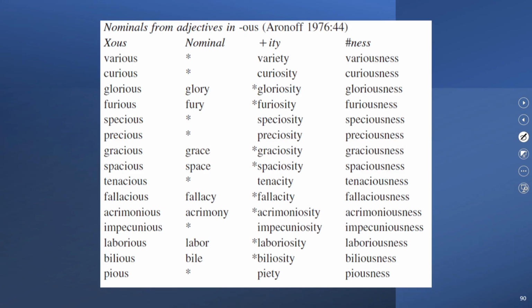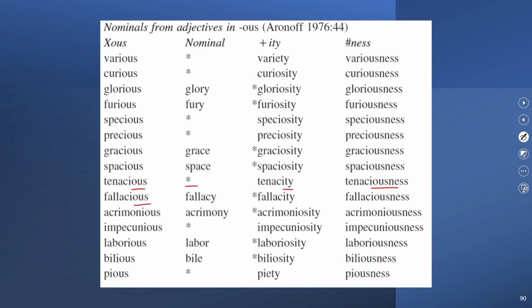So, this is a list from his work, a few nouns. These are the cases where all of them have OUS, and then we have this nominal. In this case, for example, tenacious does not have a bare form, and that is why tenacity is allowed, and then tenaciousness is also possible.